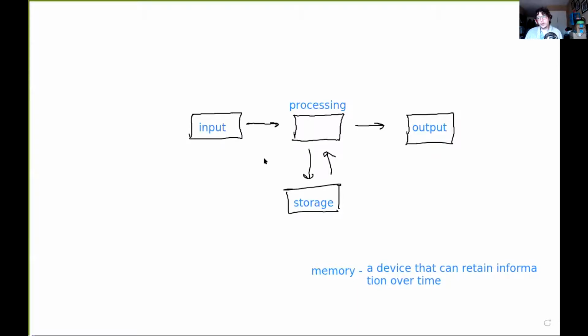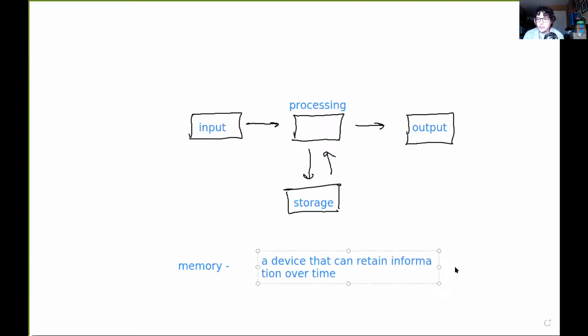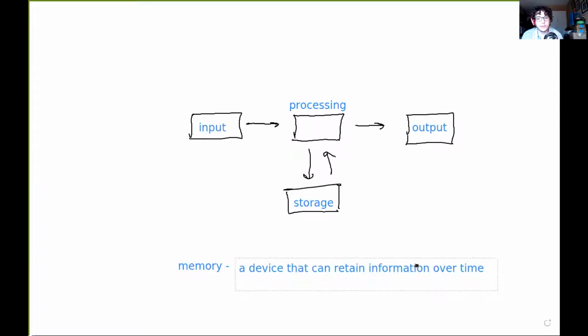Now, if you recall the definition of information, information, as we defined it earlier in the semester, is an answer to a yes or no question. And so information was differentiated from data. Data is, once again, a quantity, some sort of quantity.